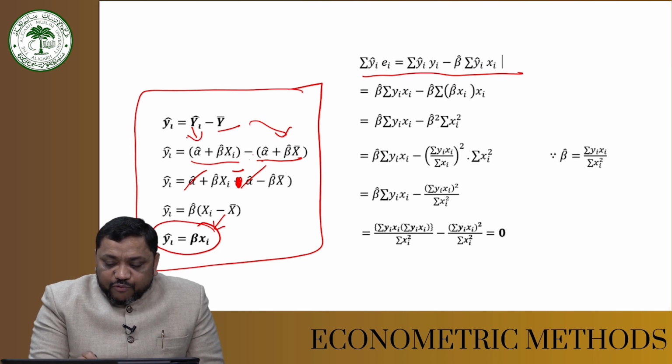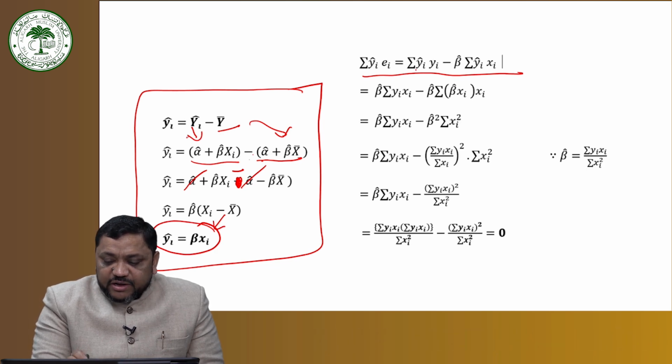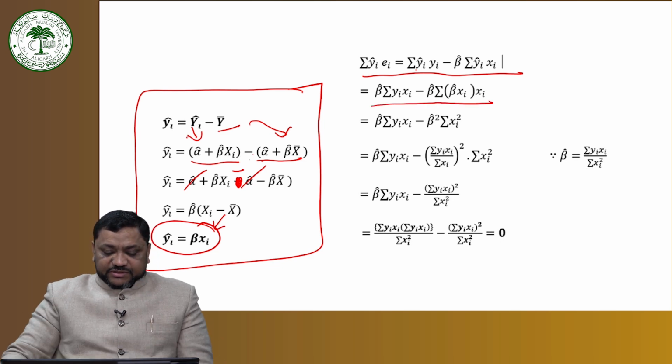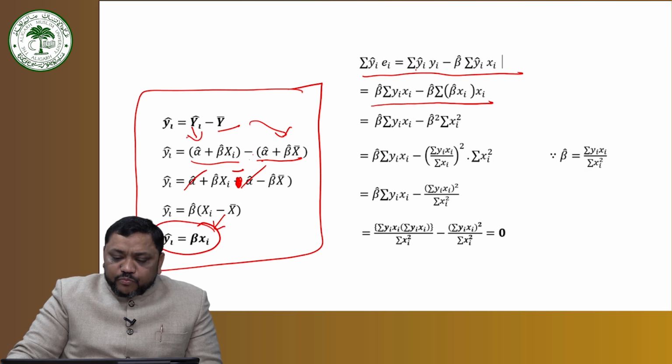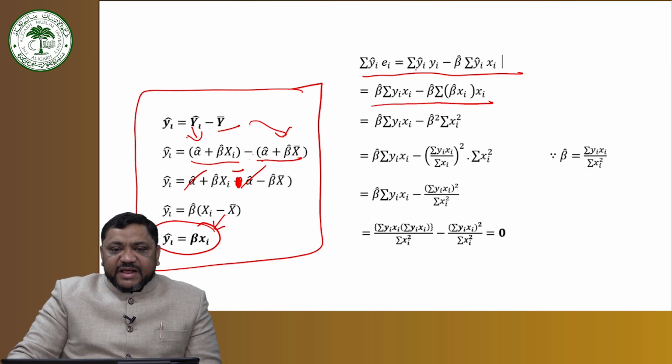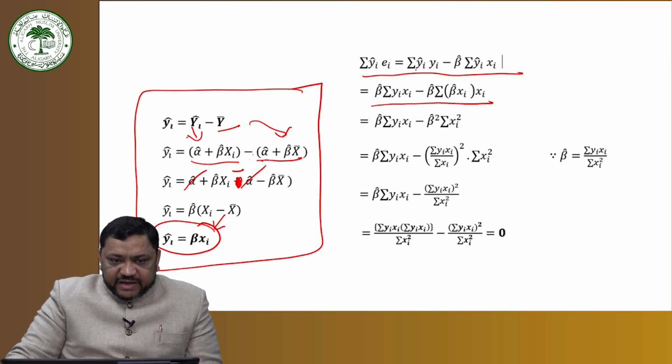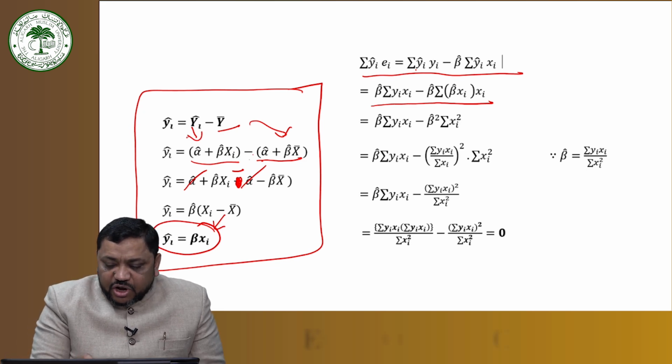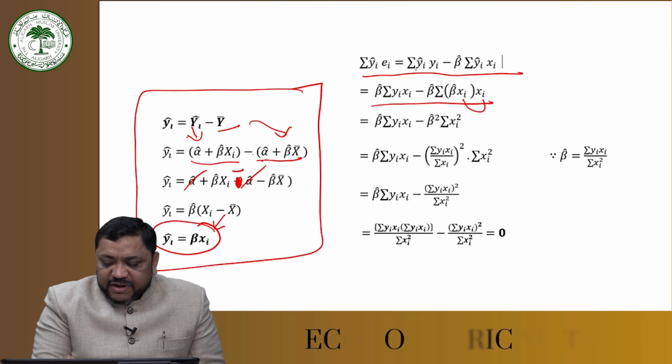So we use the same information over here, and using that we can write this as beta hat summation yi xi minus beta hat summation beta hat xi multiplied by xi. Next we can multiply these two.